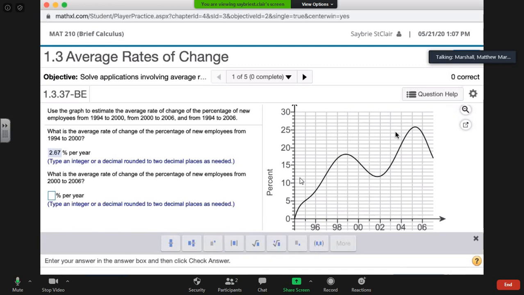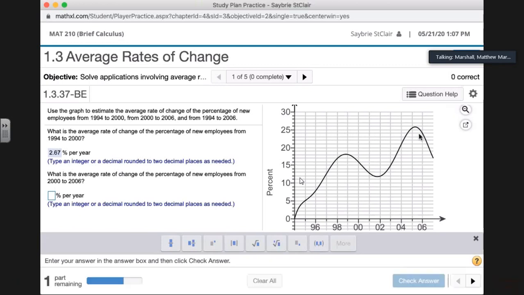So that will give you a rate of change of 24 minus 16 over 2006 minus 2000. So 24 minus 16 is 8. 8 over 6? Is that what you got? And then 8 divided by 6 gives me 1.33%.